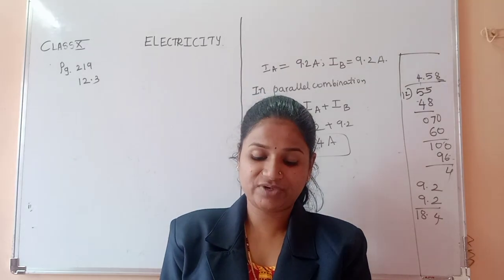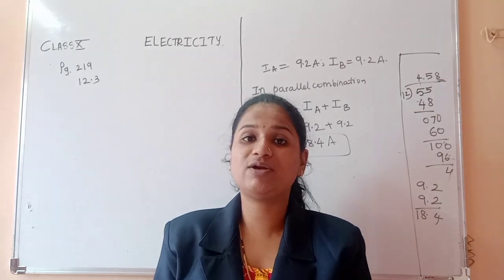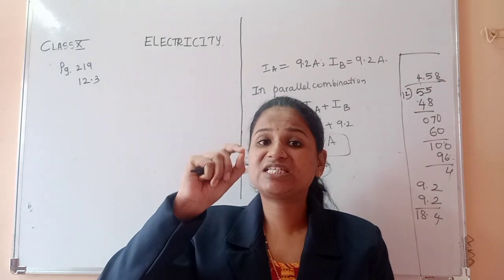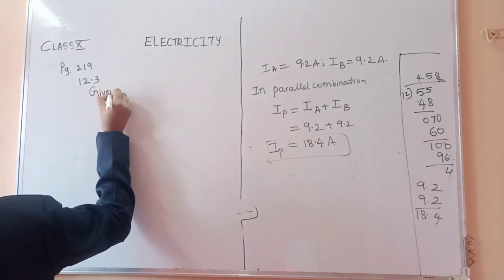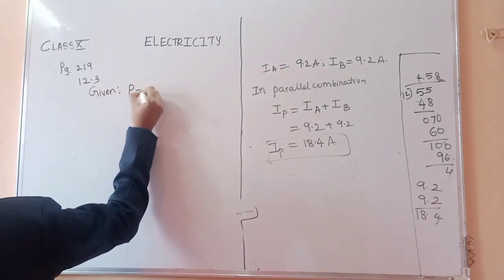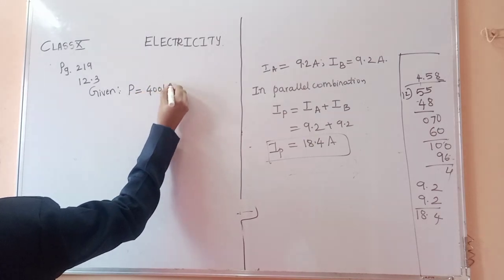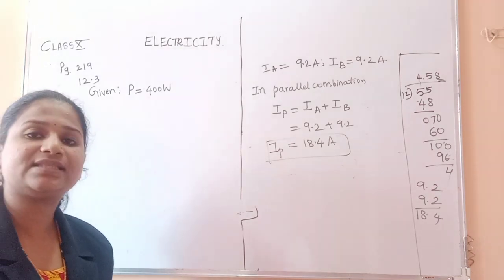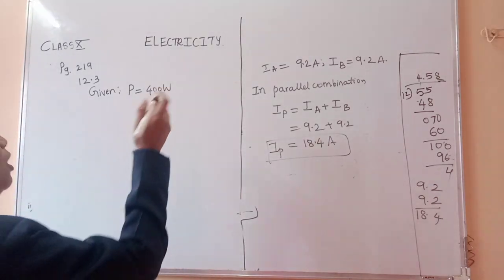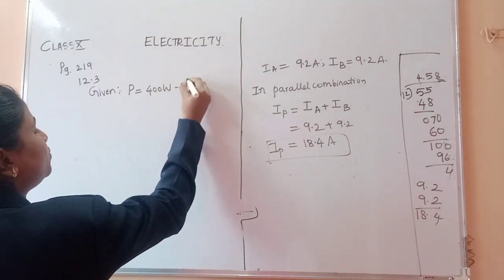An electric refrigerator rated 400 watt. Means its power is 400 watt. So given, let us write, its power is 400 watt. Next, operates 8 hours per day. Means that the 400 watt refrigerator operates 8 hours per day.